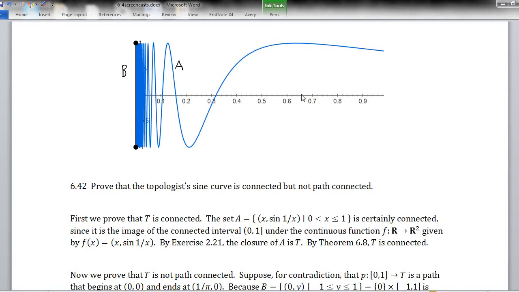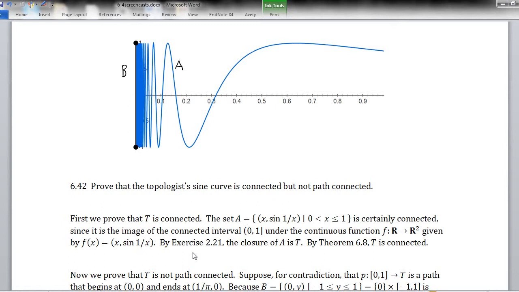Well, first of all, the set A here is certainly connected because it's the image of the connected interval from 0 to 1 under the continuous function f from R to R² given by f of x equals (x, sine 1 over x). This is basically a parameterization of this curve in R². So A is connected.